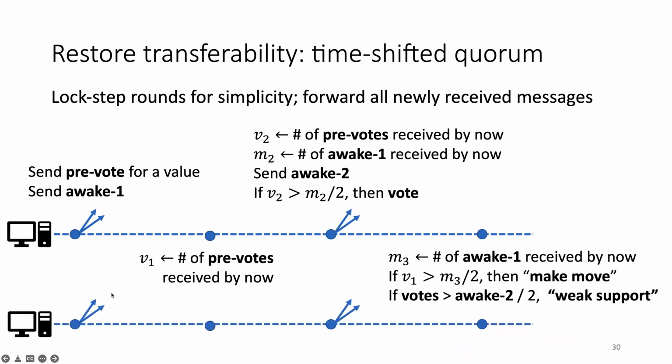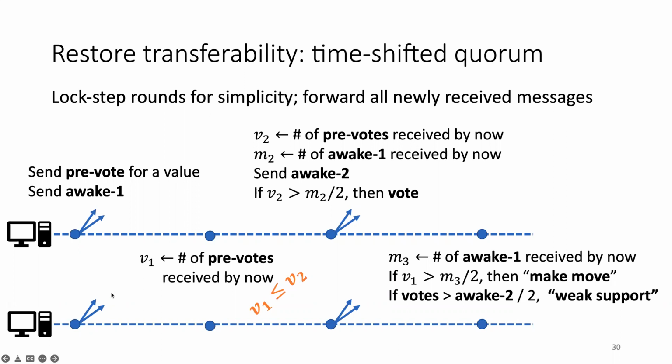Let's now bring in another node, because what I want to prove is that if this particular node makes the strong move, then everybody else is going to make the weak move. Let's see why that's the case. First, I'm going to argue that the V1 of this node is smaller than V2 of that node. That is because everybody is forwarding everything.